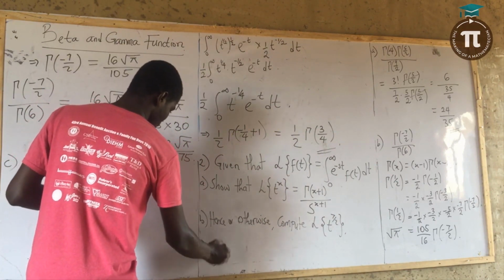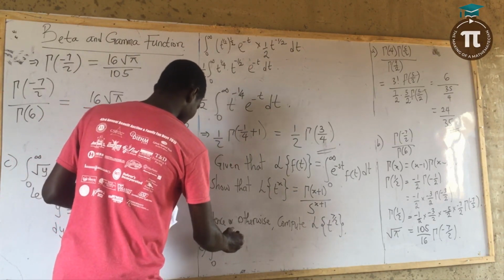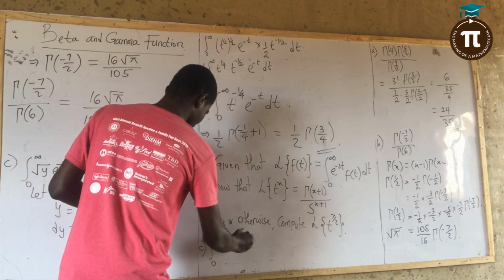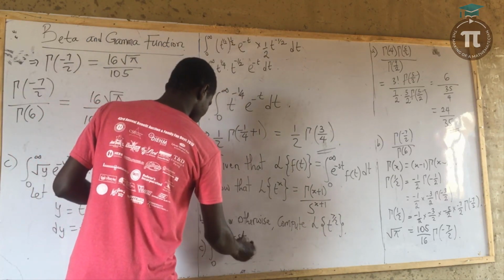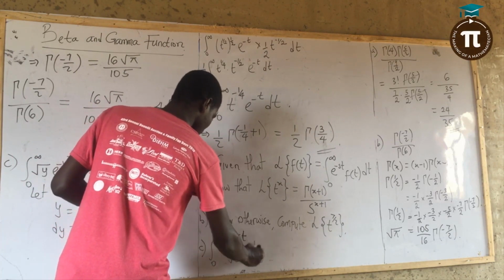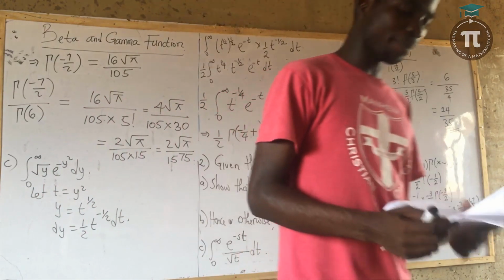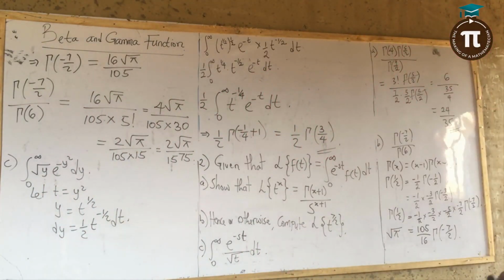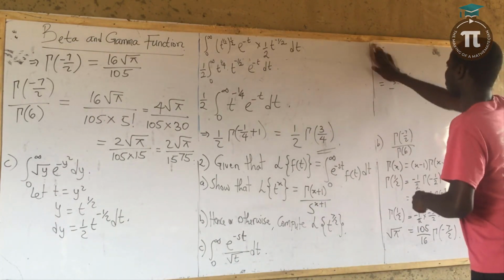Then C is talking about how we should also evaluate integral from 0 to infinity of e raised to power minus st over square root of t dt.